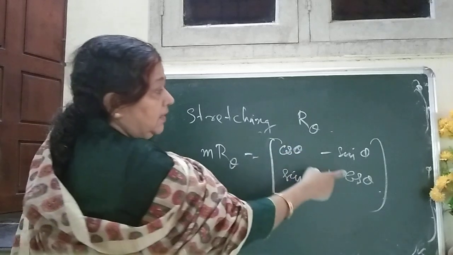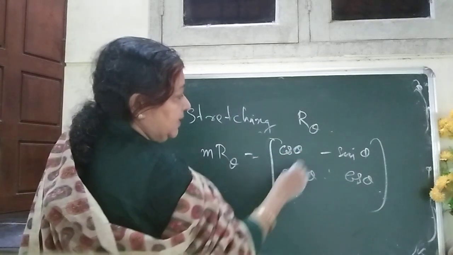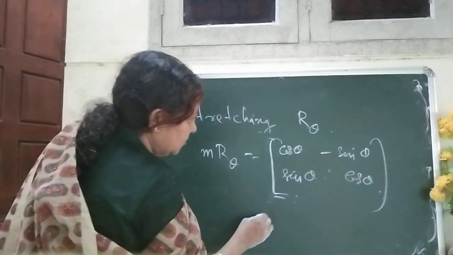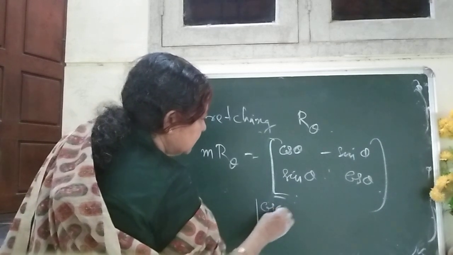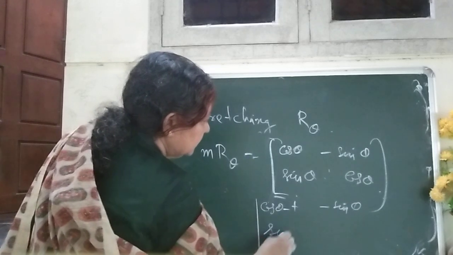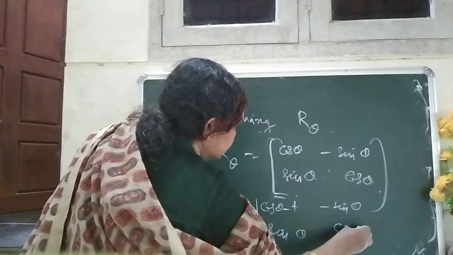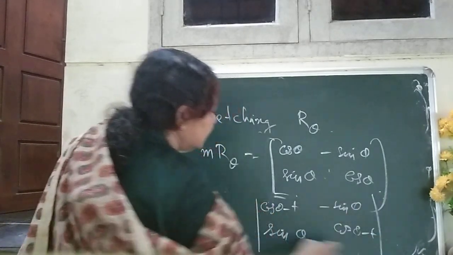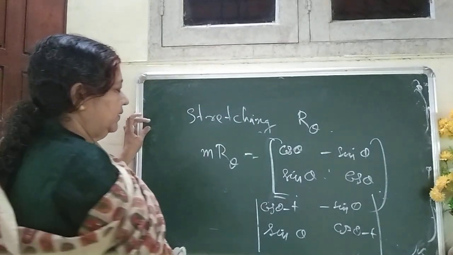The characteristic equation is obtained from the determinant of cos theta minus t, minus sin theta, sin theta, cos theta minus t. On simplification, we can see that it has no real value.